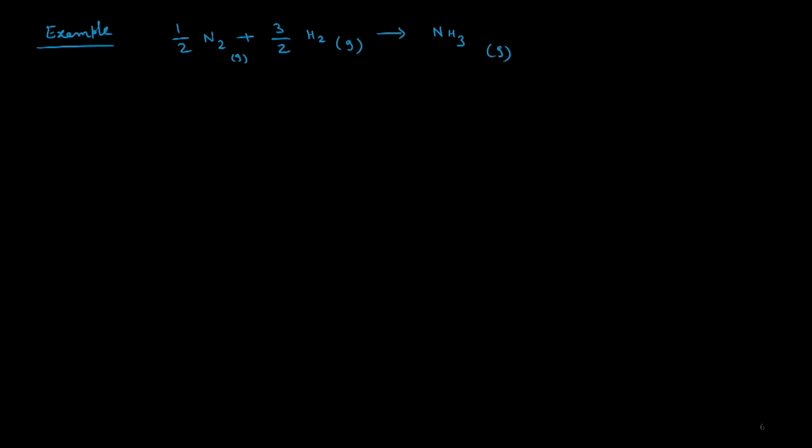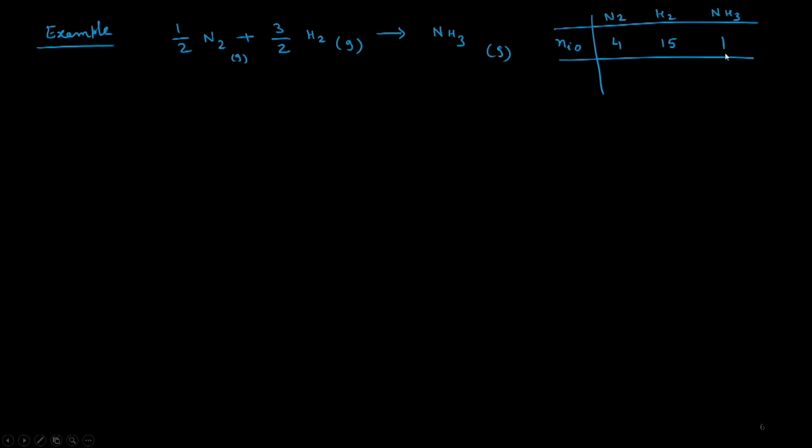This is the reaction I'm looking at. And as earlier, let's write the initial number of moles and nu I. The initial number of moles are given for N2, for H2, and for ammonia. They are 4, 15, and 1.